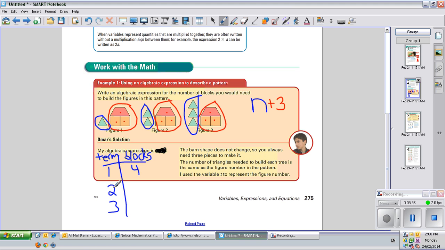In term 2, 2 is now your n. 2 plus 3 is 5, so there should be 5 blocks in figure 2. 1, 2, 3, 4, 5. And in figure 3, if n is 3, 3 plus 3 is 6, so there should be 6 blocks in your third figure. 1, 2, 3, 4, 5, 6.